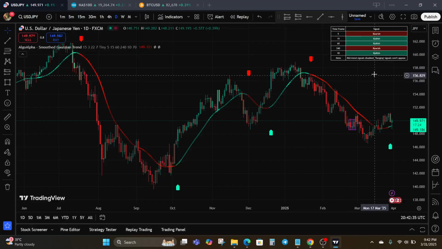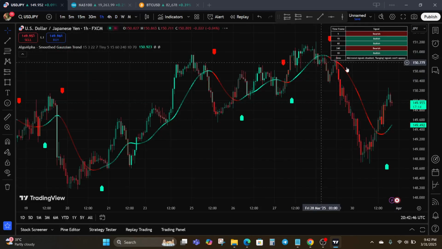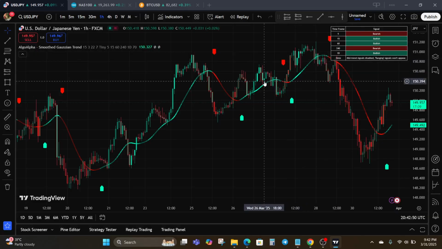So the indicator gives you the signals across different time frames right there on the chart. It aids multi-time frame analysis and makes the top-down approach even easier.